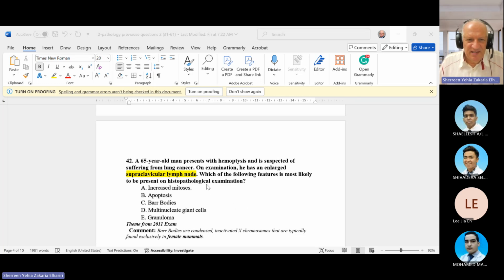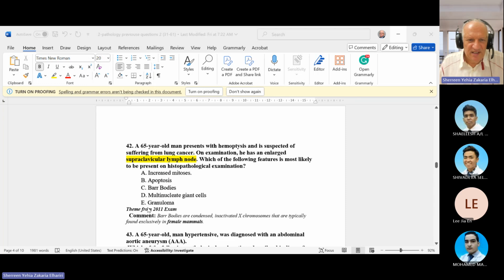So in any malignancy, what is the character of malignancy here? Which one can be the malignant character? Increased mitosis. Yeah, increased mitosis, because it's a character of malignancy. Of course, whatever the cancer, the nucleus shows an increased nuclear cytoplasmic ratio, hyperchromatic, deeply stained.